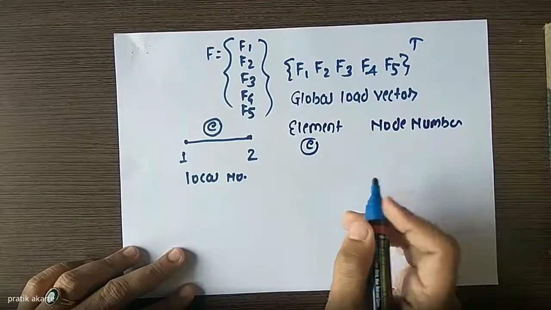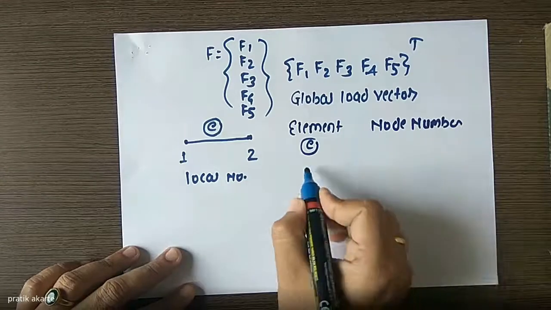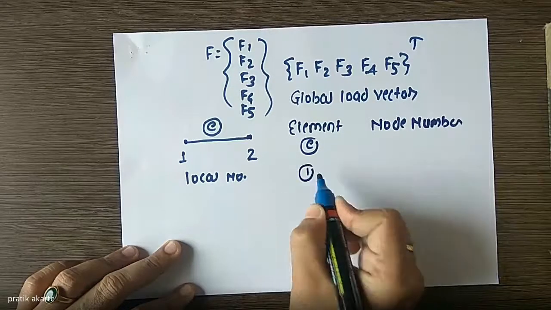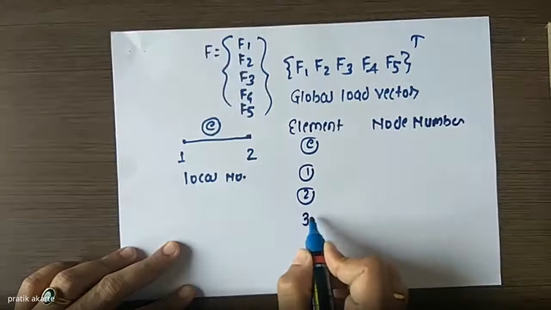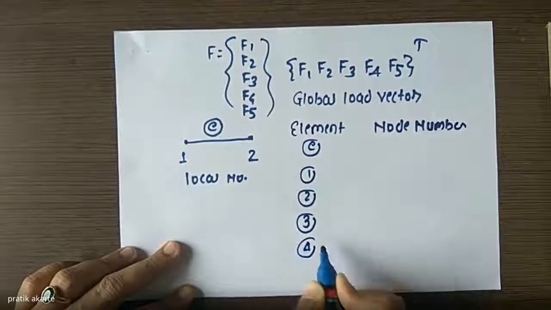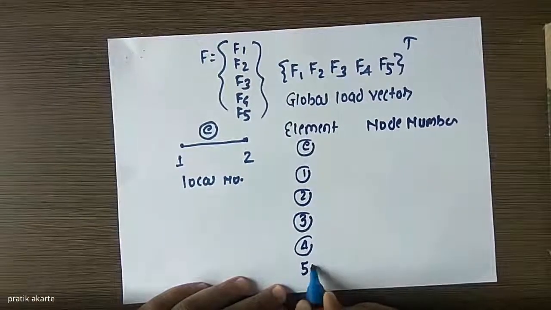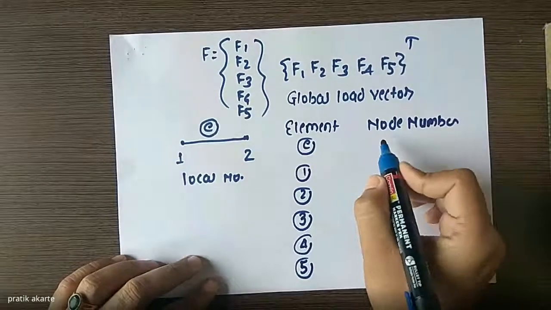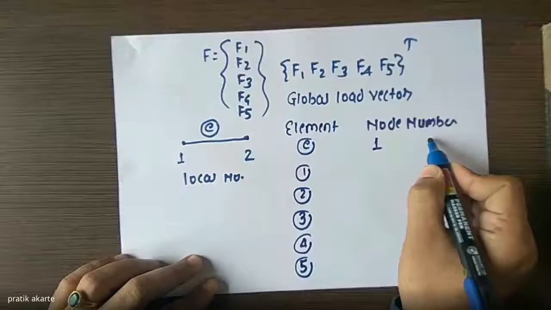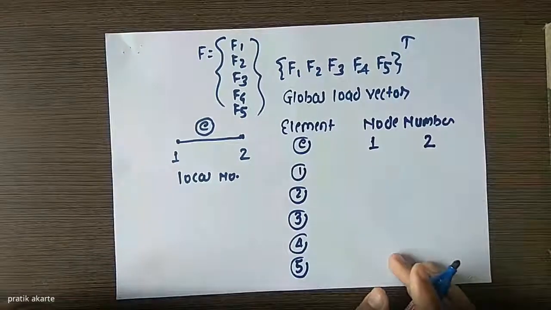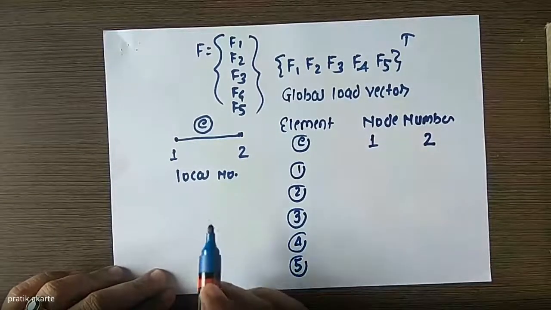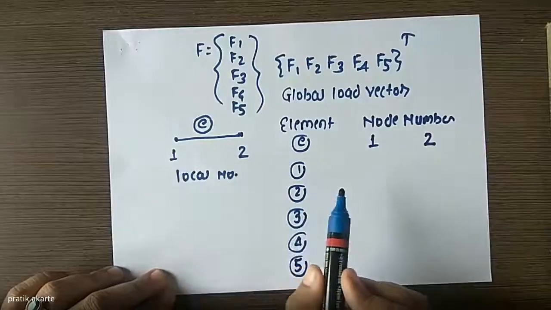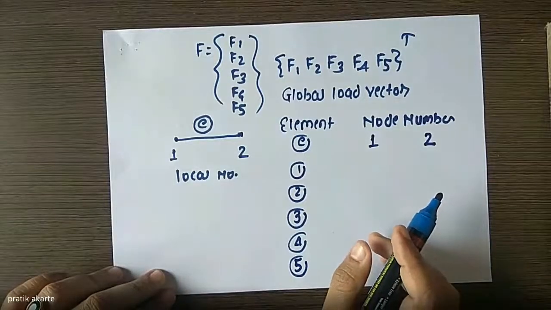Okay, so we have 5 elements. So we write 1, 2, 3, 4, and 5. For each element we have two local nodes, 1 and 2, as shown in this diagram.